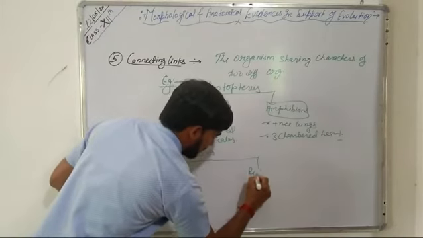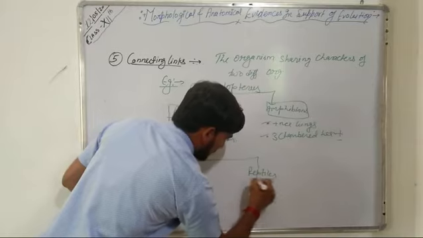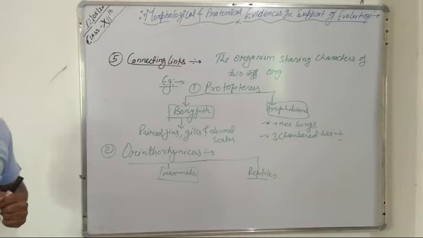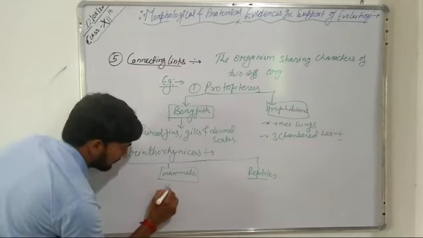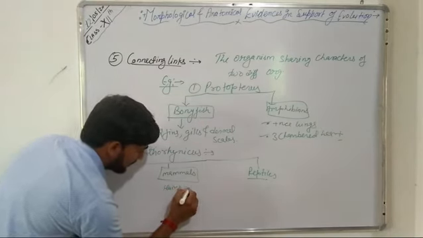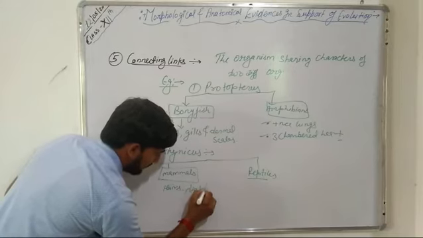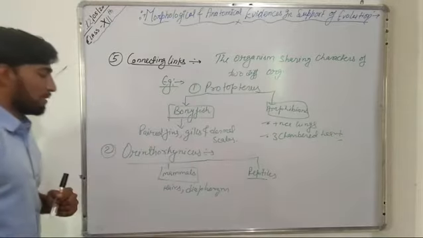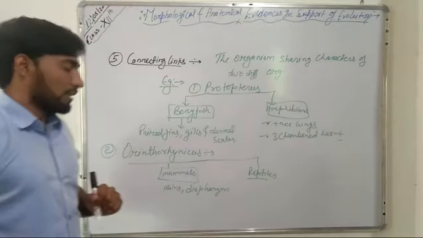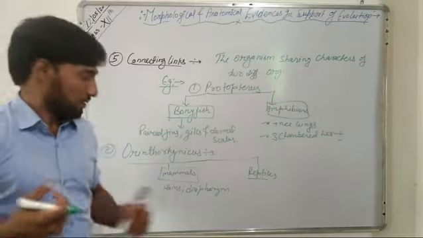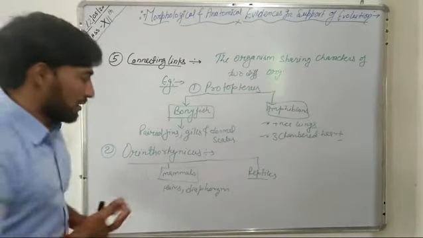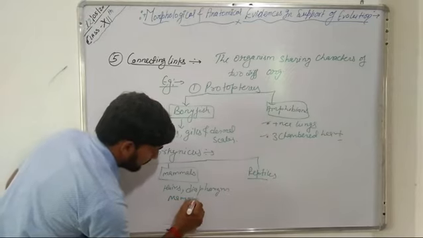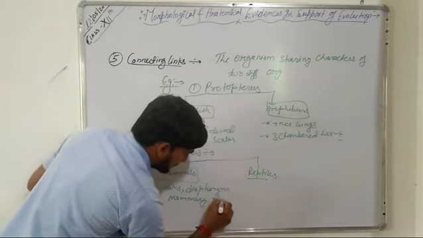Like mammals, this Ornithorhynchus contains hairs, it contains a diaphragm, and it also contains mammary glands.